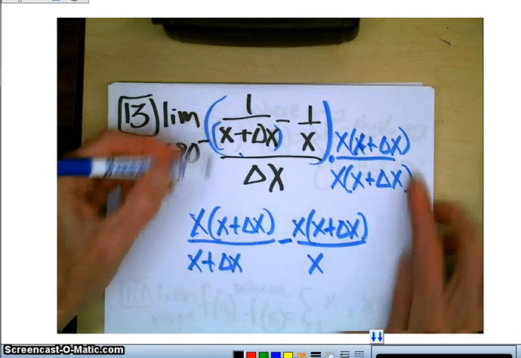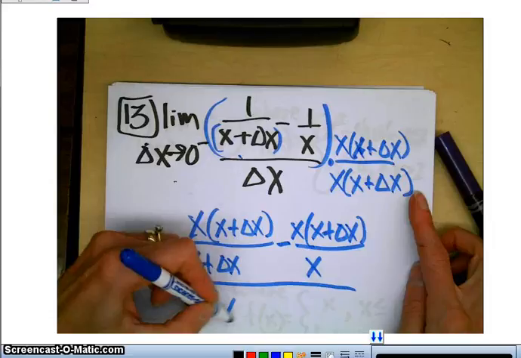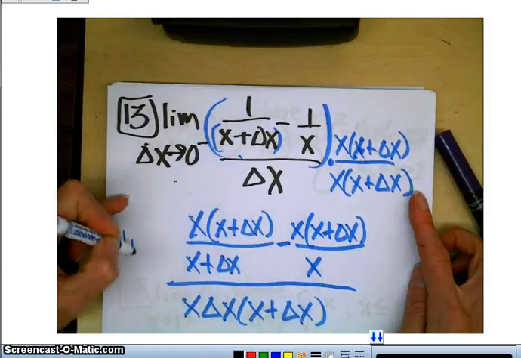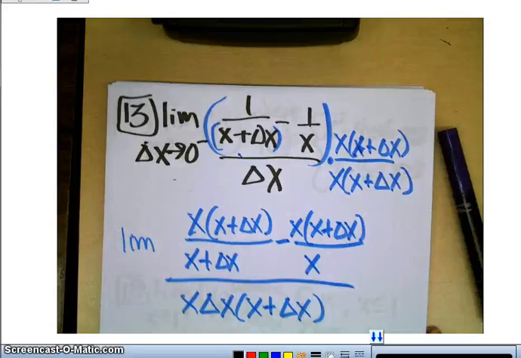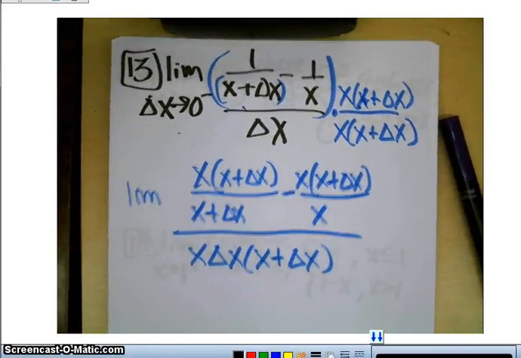So that's just the top. All over the bottom, I'm just going to write x delta x and x plus delta x. And I'm still needing to find the limit. All right, so I'm writing out every little step here.